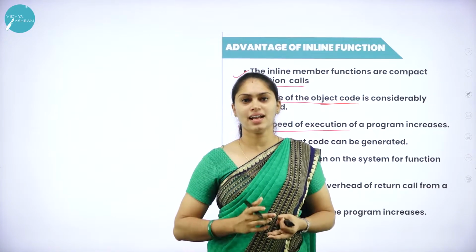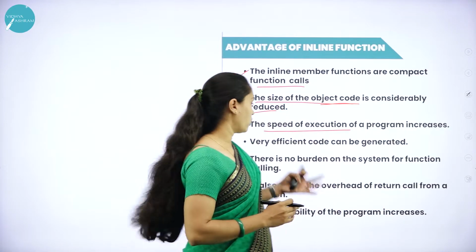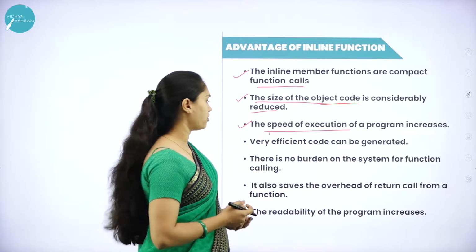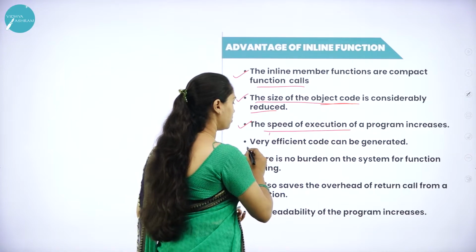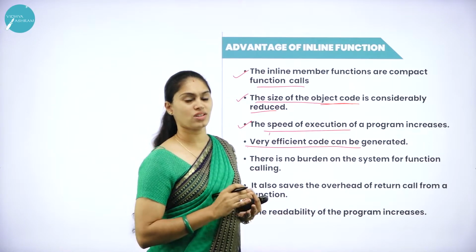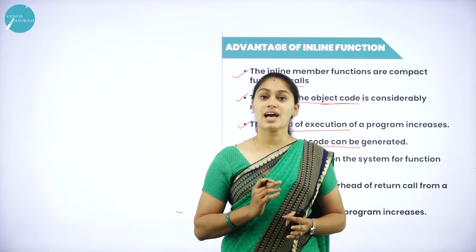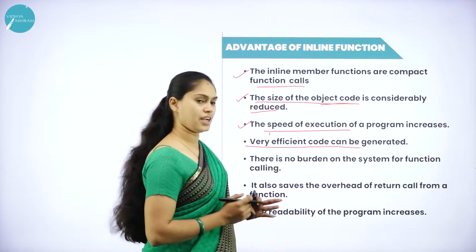With the help of that line only, I can call the whole function body. So that increases the speed of execution. What is another advantage of using this inline function? With the help of this, very efficient code can be generated.